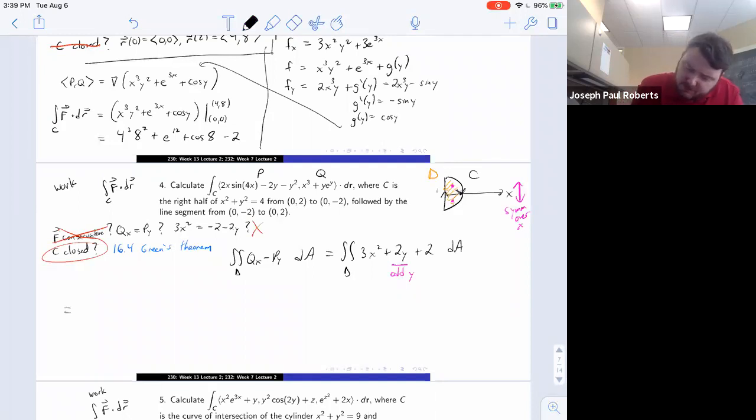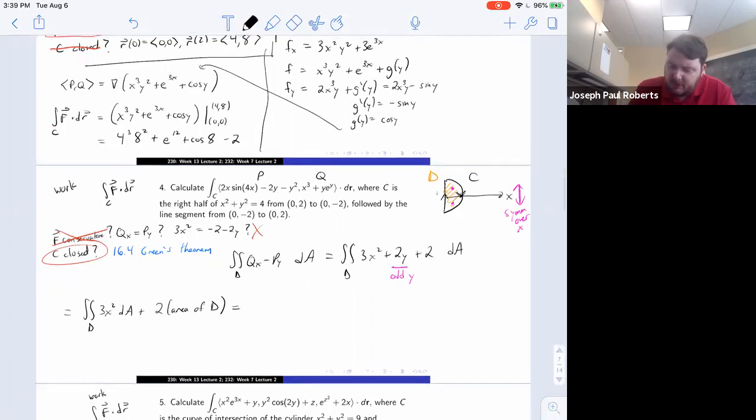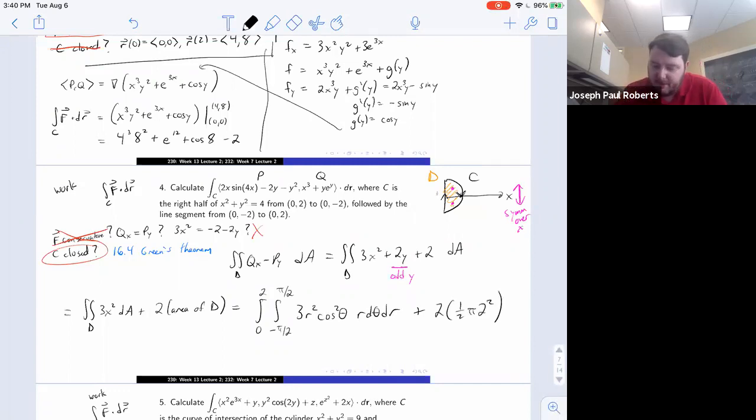So the quickest way to do this would just be, okay, this 3x squared I will deal with, plus twice the area of D. So when I go to do this integration, I'm going to use polar coordinates: minus pi over 2 to pi over 2 for theta, 0 to 2 for r, 3r squared cosine squared theta, r d theta dr, plus 2 times 1/2 pi 2 squared, which is the area formula.